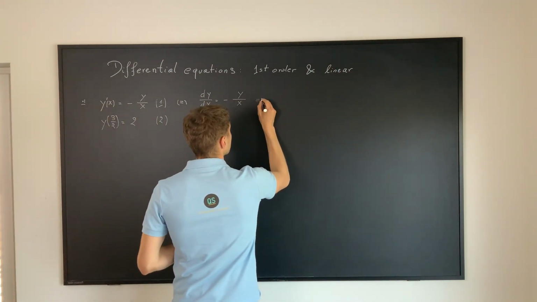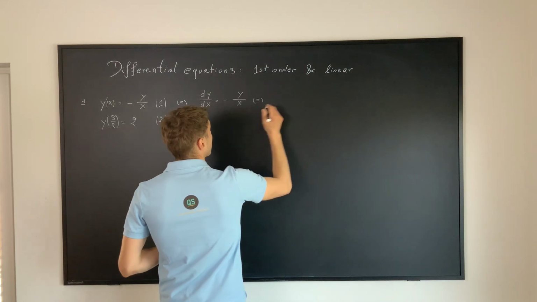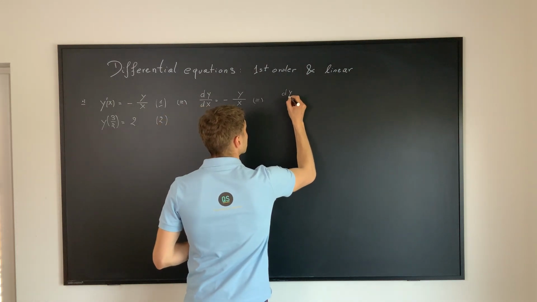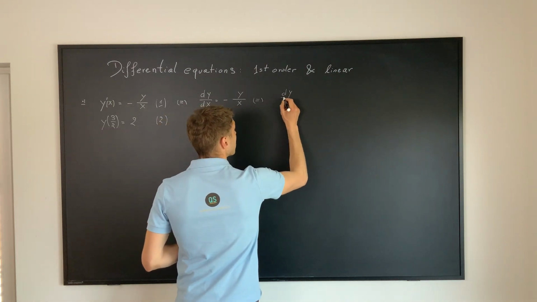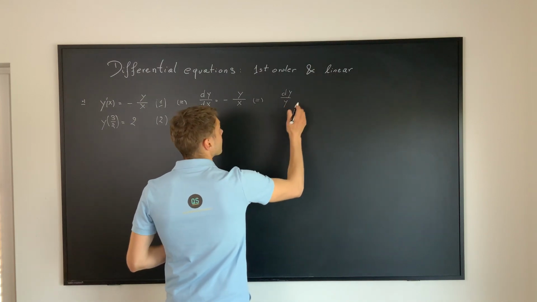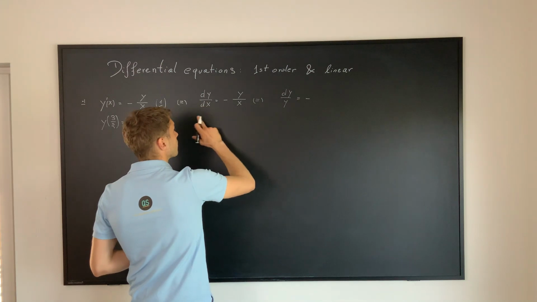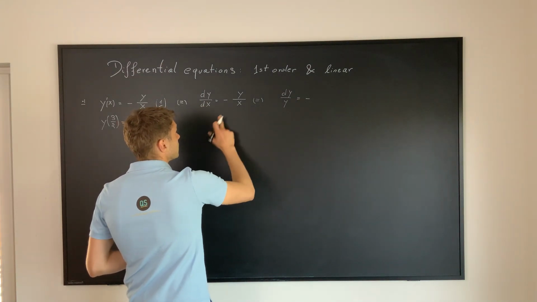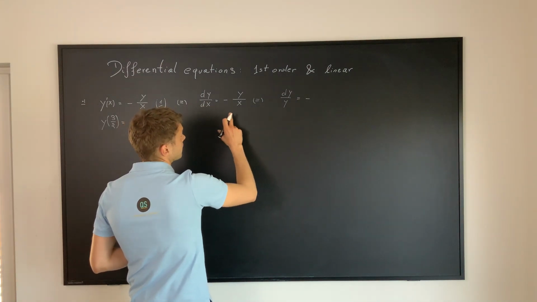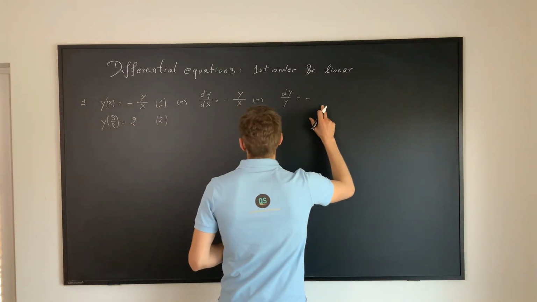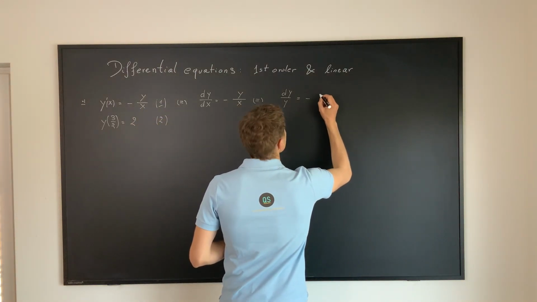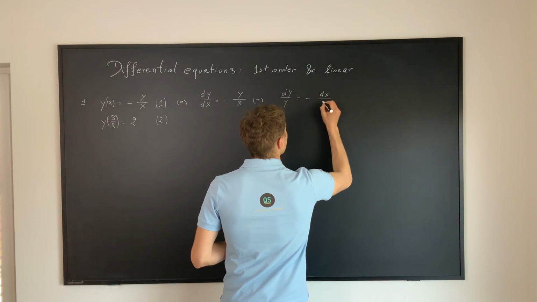So still we have an equivalence here, and on the left hand side we have the differential dy over y equals minus, so the minus sign of course has to be preserved, and we can rewrite the right hand side of the differential equation in the form dx over x.